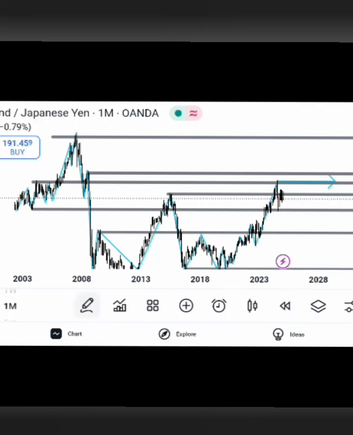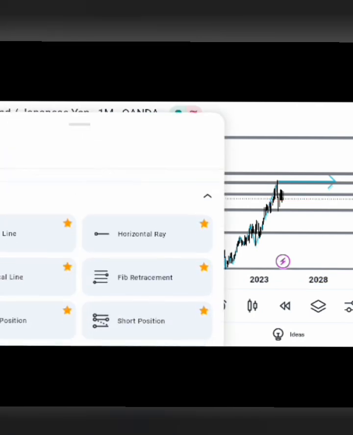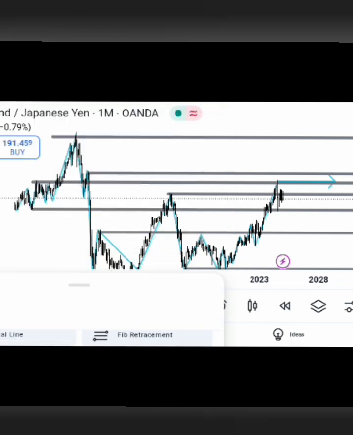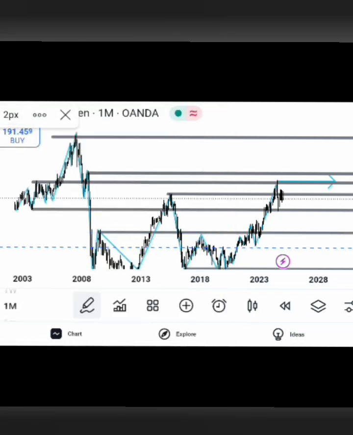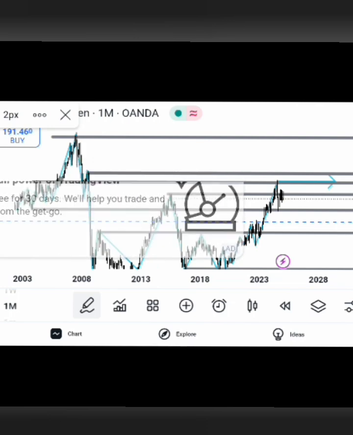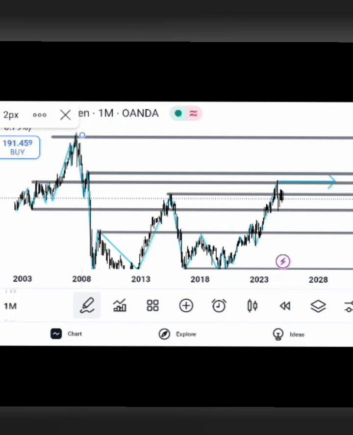Okay, let's go again. Let's use the brush. Alright, good. Now you can see that price reached this region that I marked, like this, isn't it? This region.